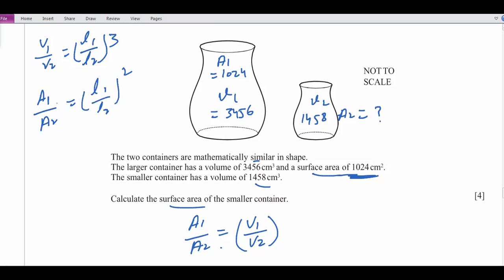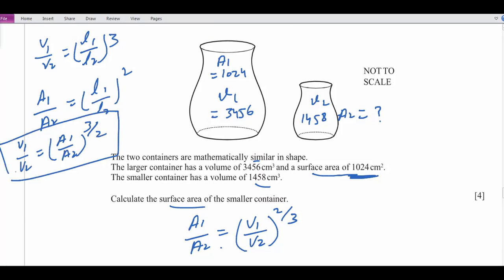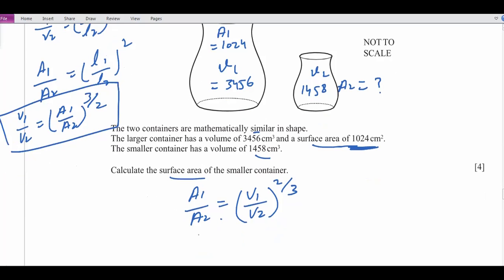So if you take L1 over L2 from here, it will be 2 over 3 power. But in case you take V1 over V2, then it will become A1 over A2 to the power 3 over 2. That will be okay. In the case of area and volume, the ratios have this relation. So what we need to find, put the values first.